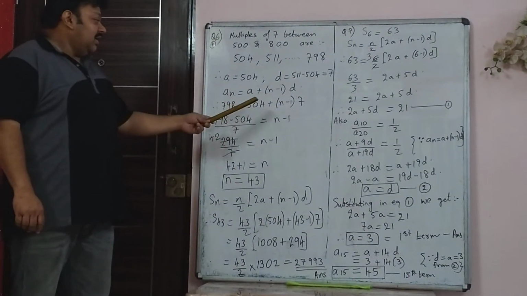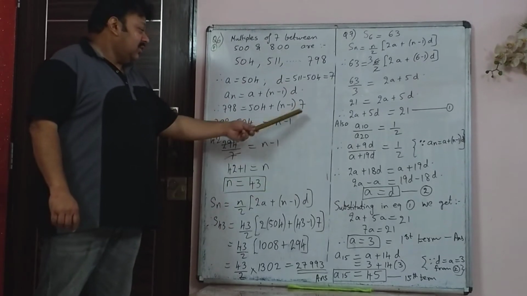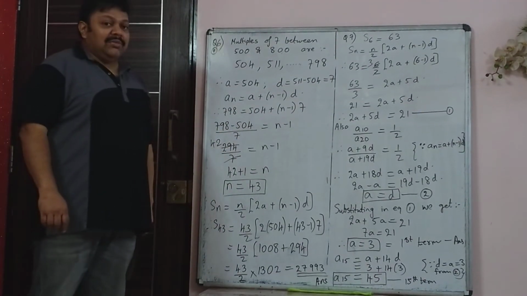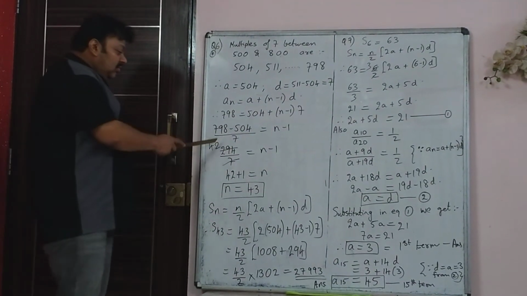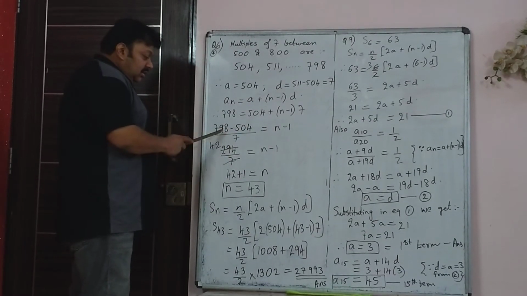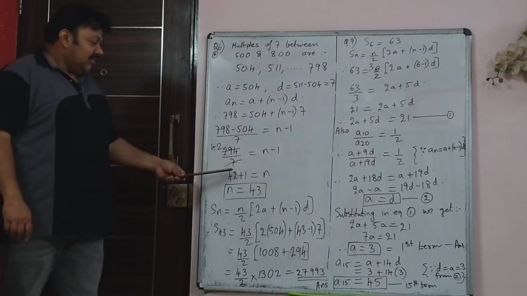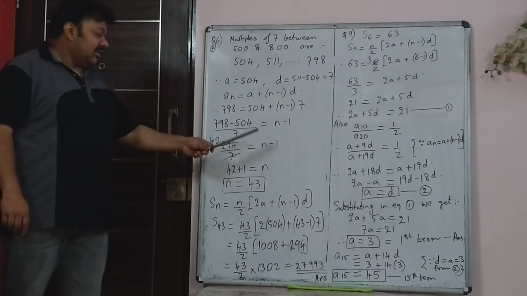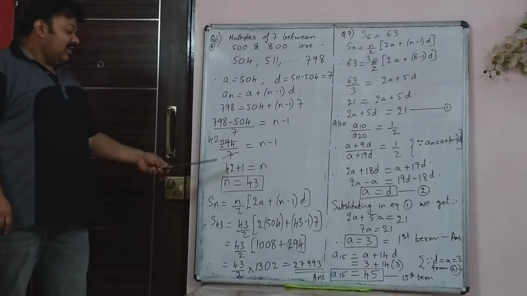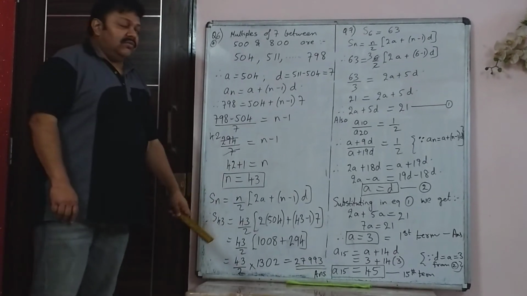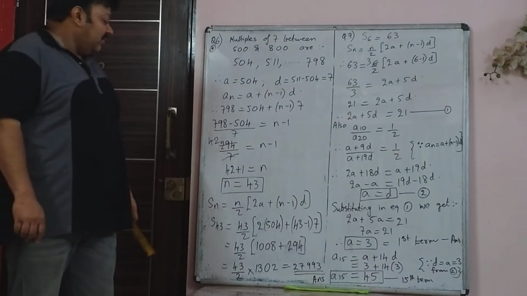So (798 minus 504) upon 7 is n minus 1. From that you will get 294 upon 7 is n minus 1, or 42 is n minus 1. So n will be 42 plus 1, that is 43.